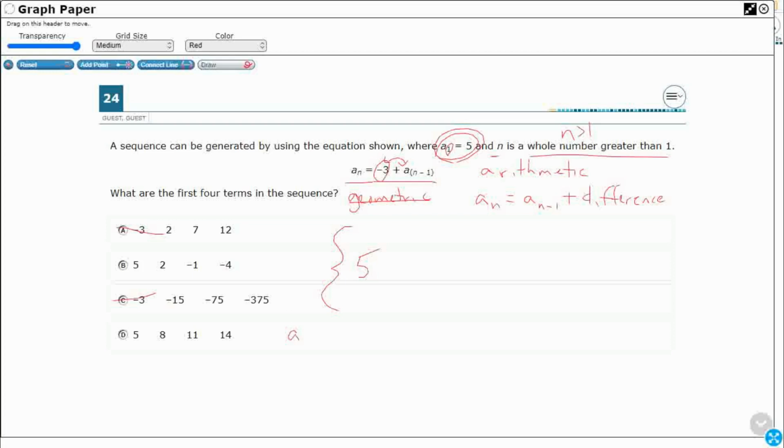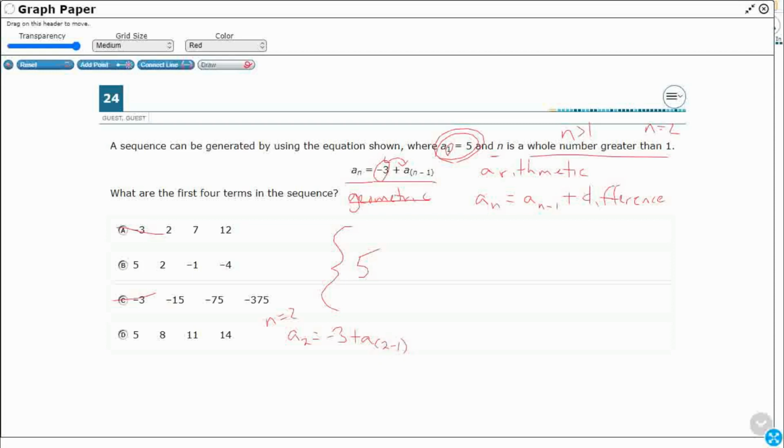So let's say I want to take the second term. Let's say n equals 2. What do we do when n equals 2? Well, a_2 equals negative 3 plus a, and then I'm going to substitute in that 2 right there, 2 minus 1.